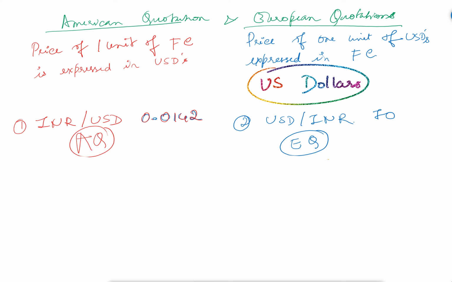So, direct and indirect quotes differentiate based on residence. American and European quotes differentiate based on dollars involved in the currency quote.